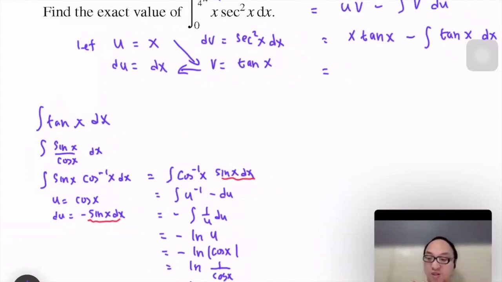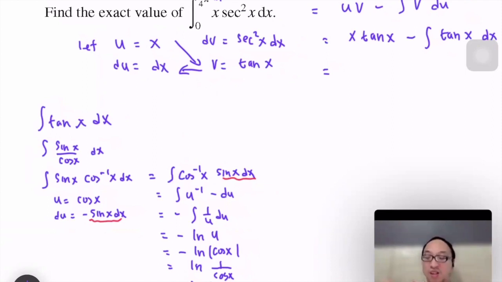So now we already have the integral of tangent. So we have x tangent x minus ln secant x.